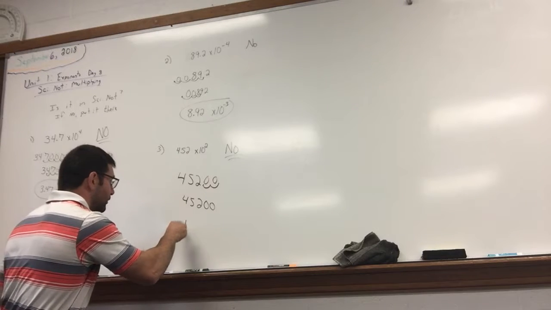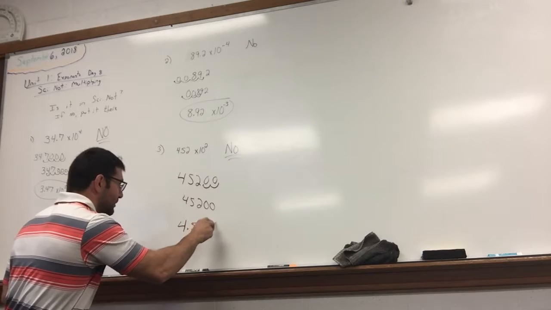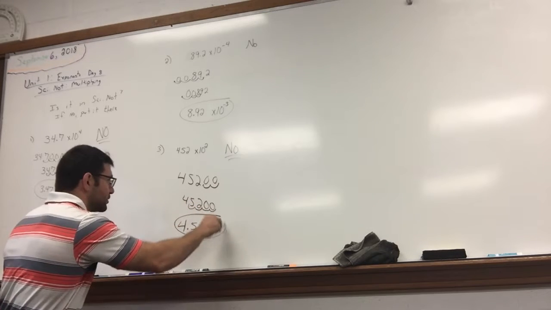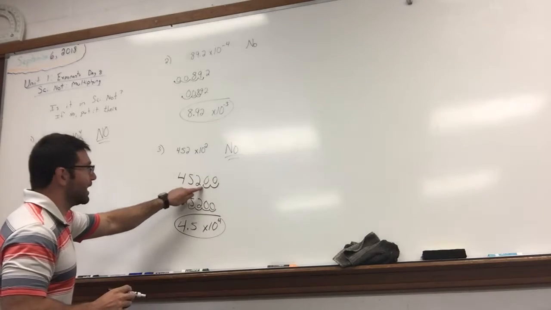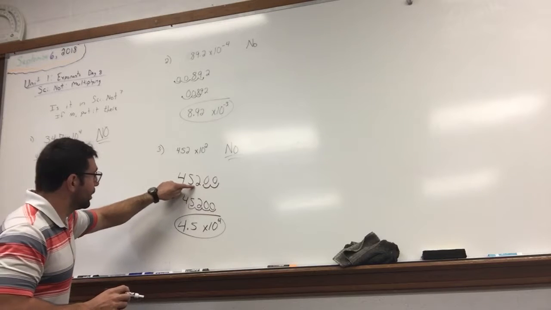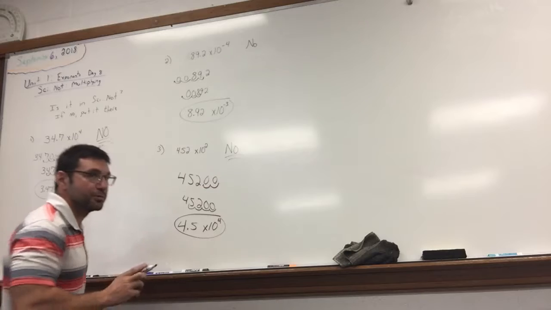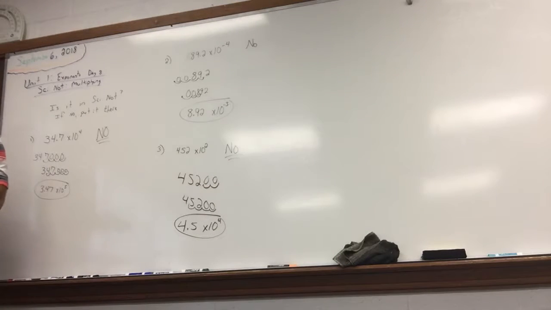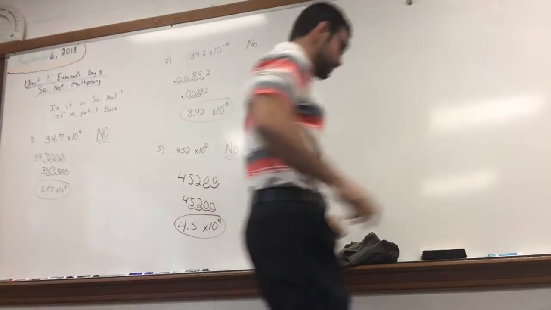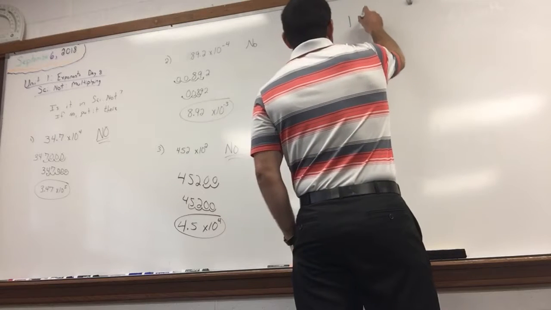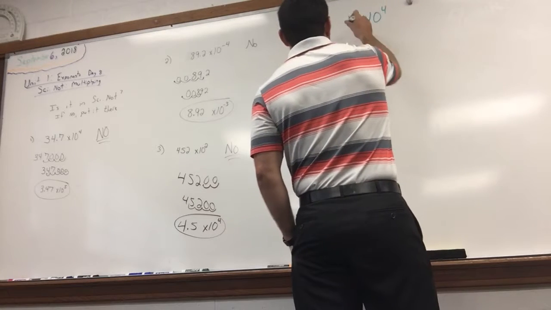So I know it's going to be 4 and 5 tenths times 10 to the 1, 2, 3, 4. So this time, we moved the decimal how many places? 1, 2. How many numbers did we add to it? 2. Okay, we're adding numbers to it. Everybody with me? Okay.